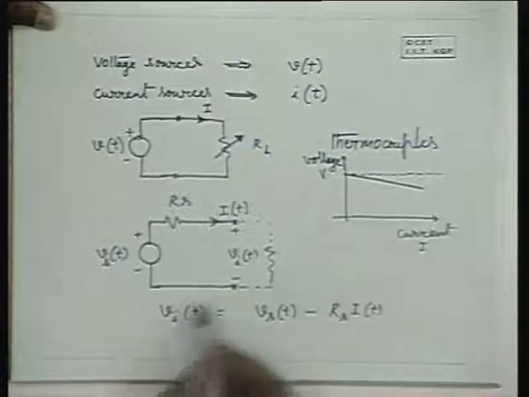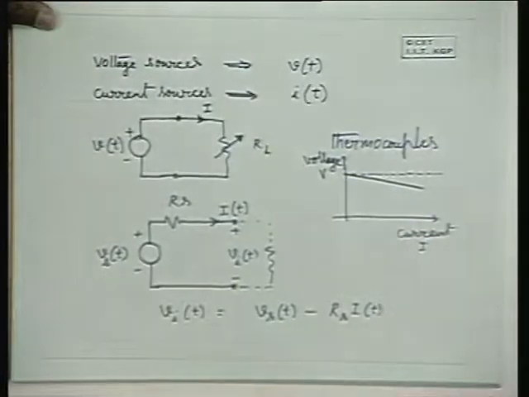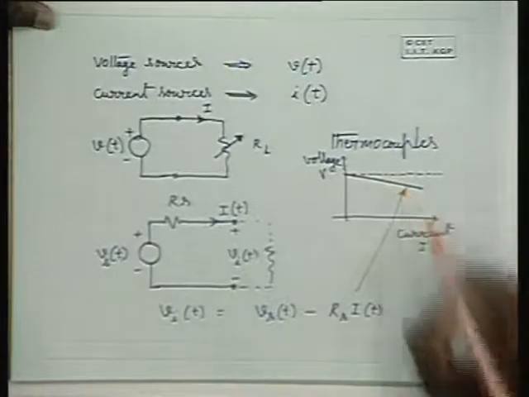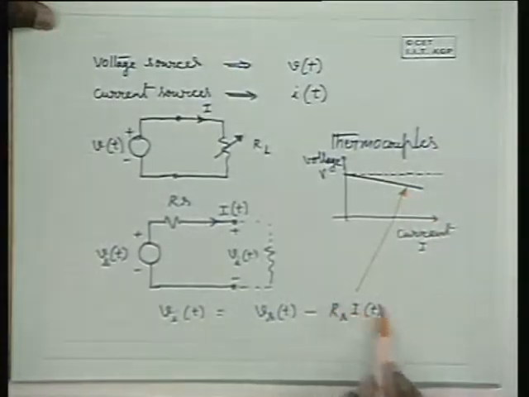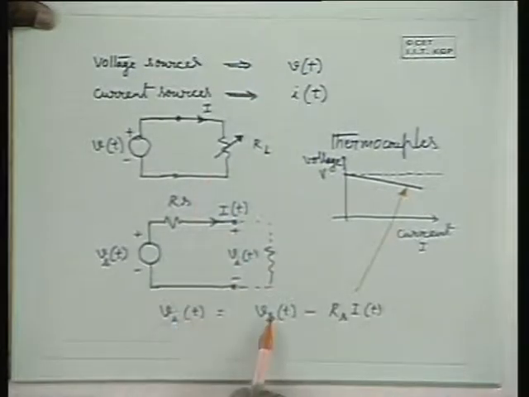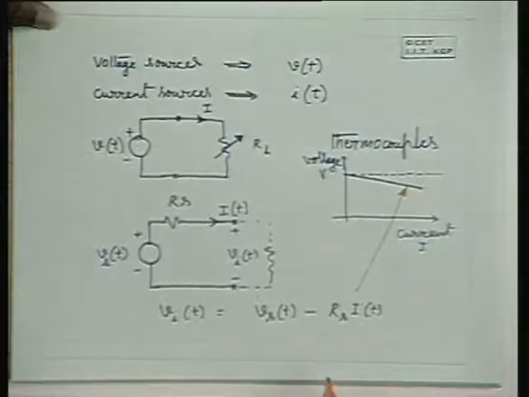Now please note that this equation represents this characteristic. For 0 current, V_T, the terminal voltage, is equal to V_S itself, and with current drawn, V_T is going to be less than V_S.